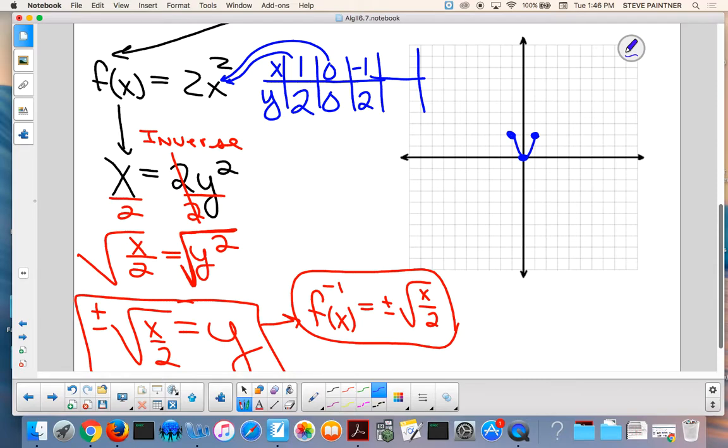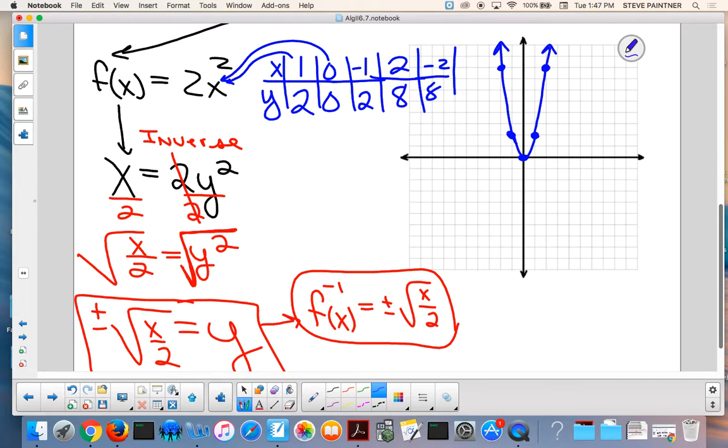Try a 2. 2 times 2 times 2. 8. So 2 gets 8, which pretty much means I could mirror that over and get negative 2, 8, right, guys? Okay, so that is my function right there.